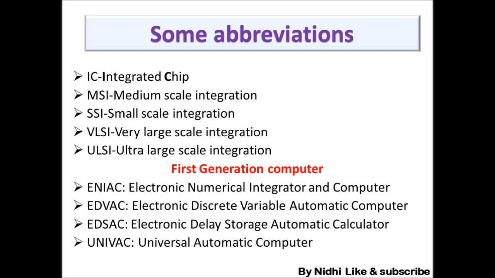ENIAC stands for Electronic Numerical Integrator and Computer. EDVAC stands for Electronic Discrete Variable Automatic Computer. EDSAC stands for Electronic Delay Storage Automatic Calculator, and UNIVAC stands for Universal Automatic Computer.